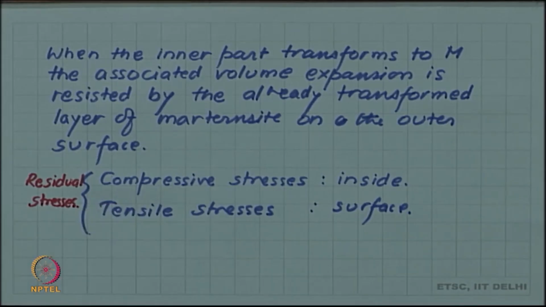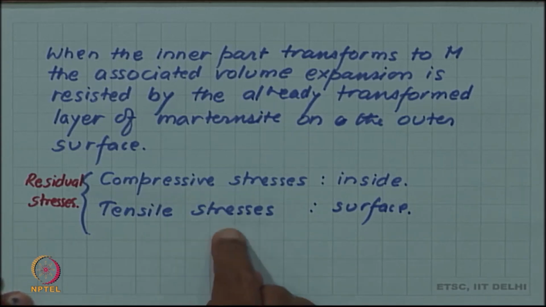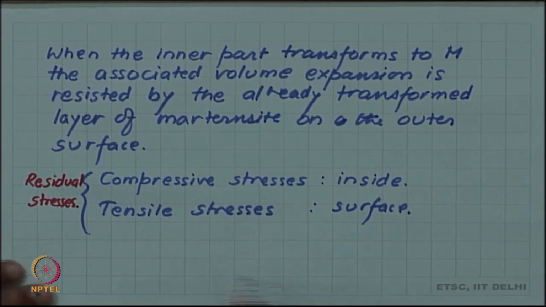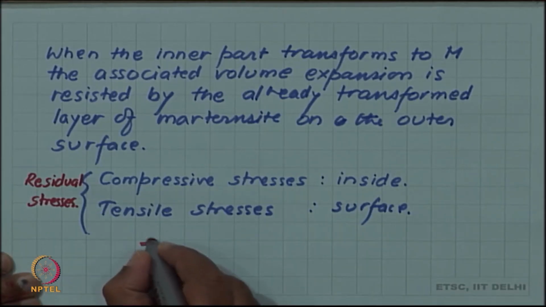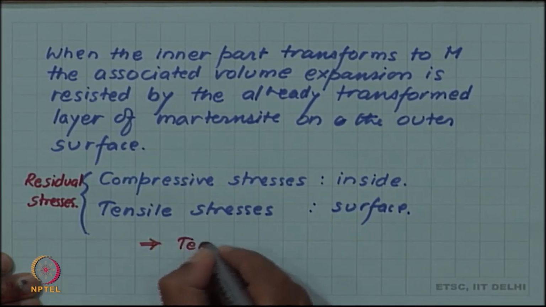And in particular, tensile stresses are quite dangerous because they lead to cracking, and these tensile stresses you can see are there in the hard and brittle martensite layer. So, the tensile stresses on the surface martensite can lead to cracking which is called quench crack.